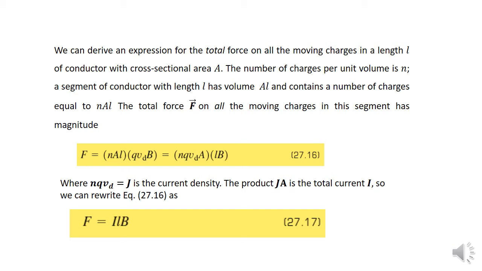In this situation we have a conductor of length L and cross-sectional area A. The number of charges per unit volume is n, and a segment of the conductor of length L has volume AL, so the total number of charges will be nAL.